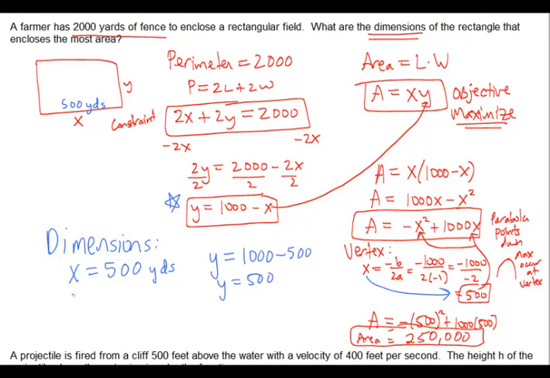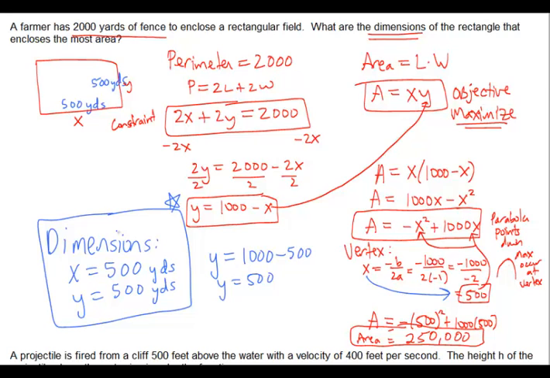And so our y dimension also needs to be 500 yards. And so in this case, and in this example only, we end up getting not a rectangle but a square. Both of these x and y dimensions end up being the same. So we have a nice square that will maximize our largest area. All right?